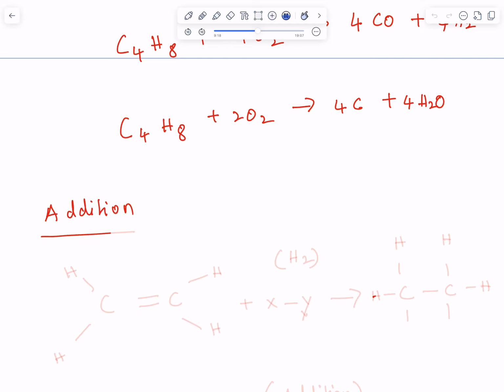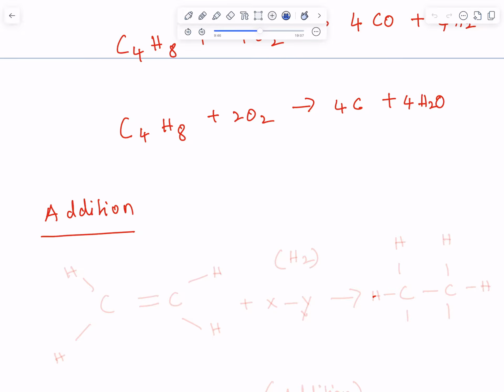In addition reactions, the whole of the reactivity is based on the carbon-carbon double bond. All members of the alkene homologous series contain the same functional group, so they all react similarly. All of the alkenes undergo addition reactions in which atoms of simple molecules are added across the carbon-carbon double bond.